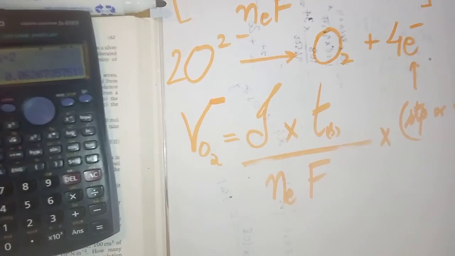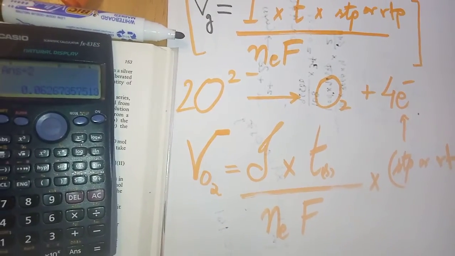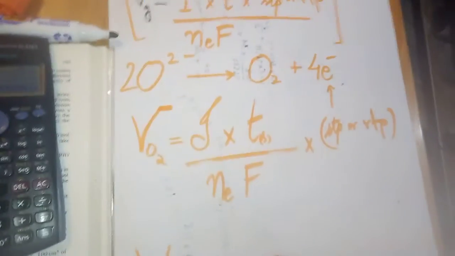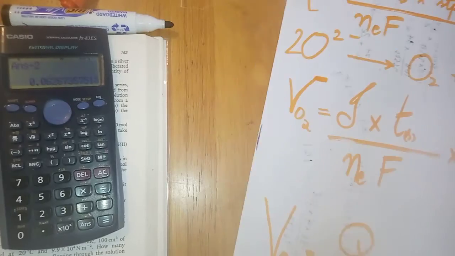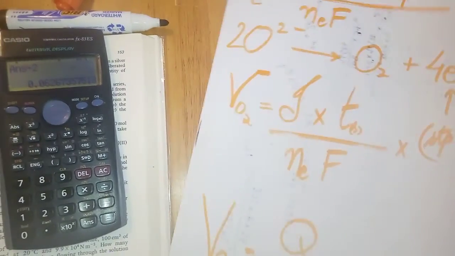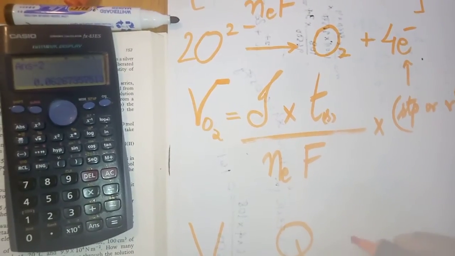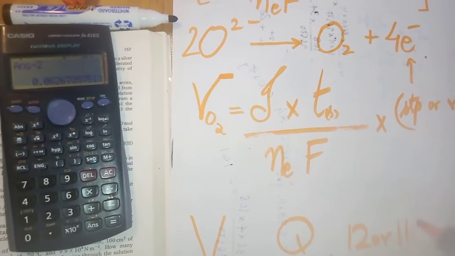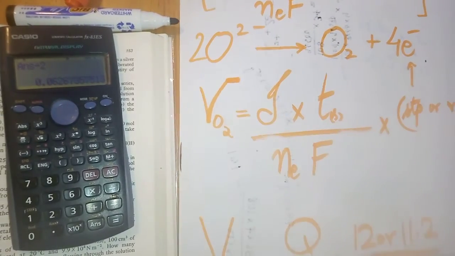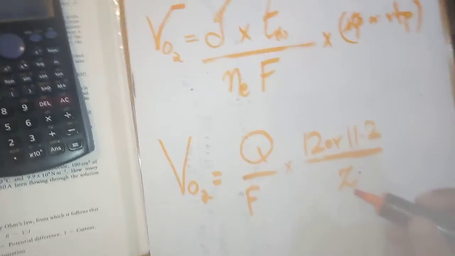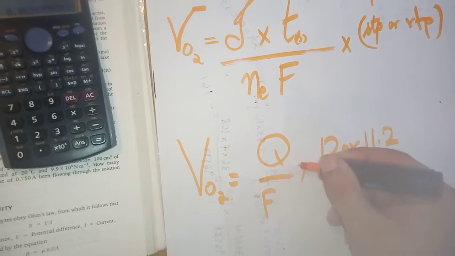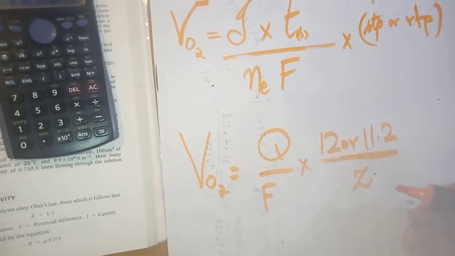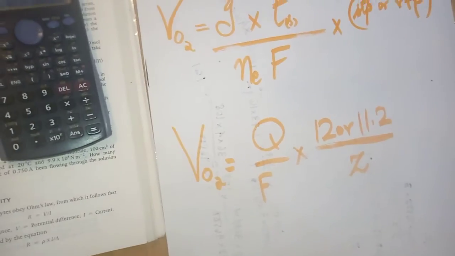And although we can see some similarities between these two formulae, Q over F times 12 or 11.2 divided by the oxidation number, philosophically speaking, the oxidation number is more applicable to metals at cathodes than it is to gases.